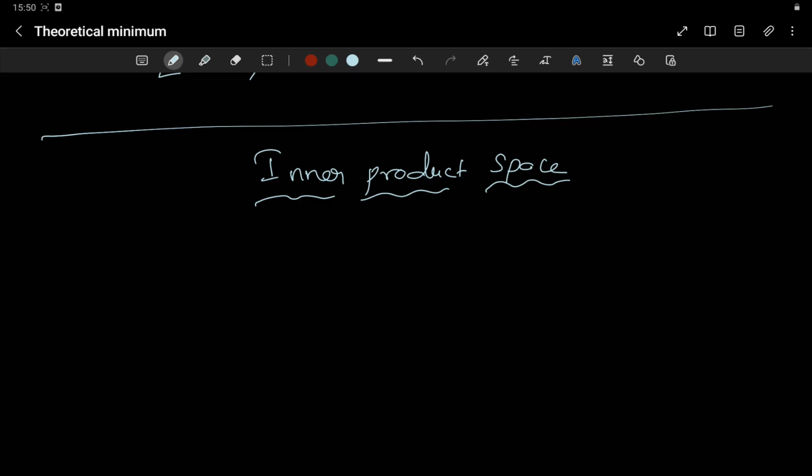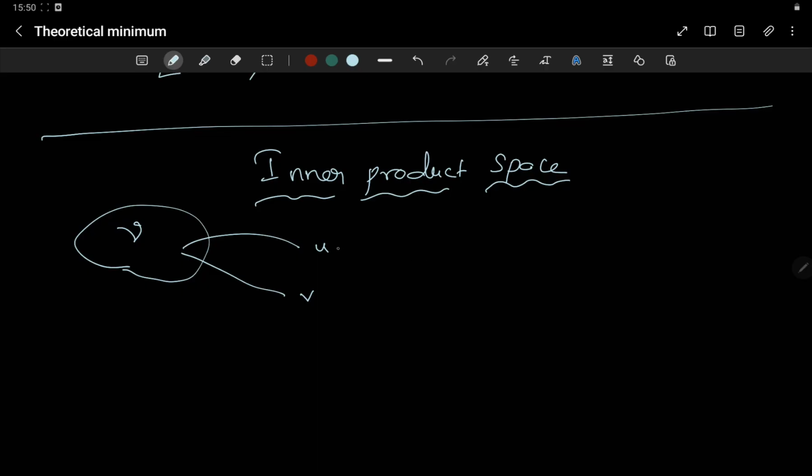So what are those additional properties? So say we have a vector space, and in that vector space, say I take two vectors. Okay, so let's say one vector is u, another vector is v. Somehow I combine these two vectors.